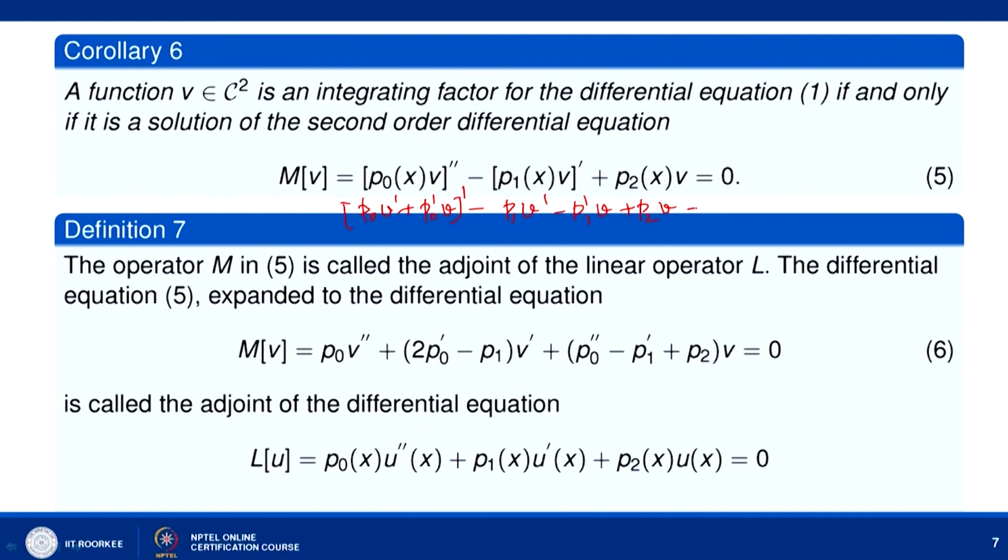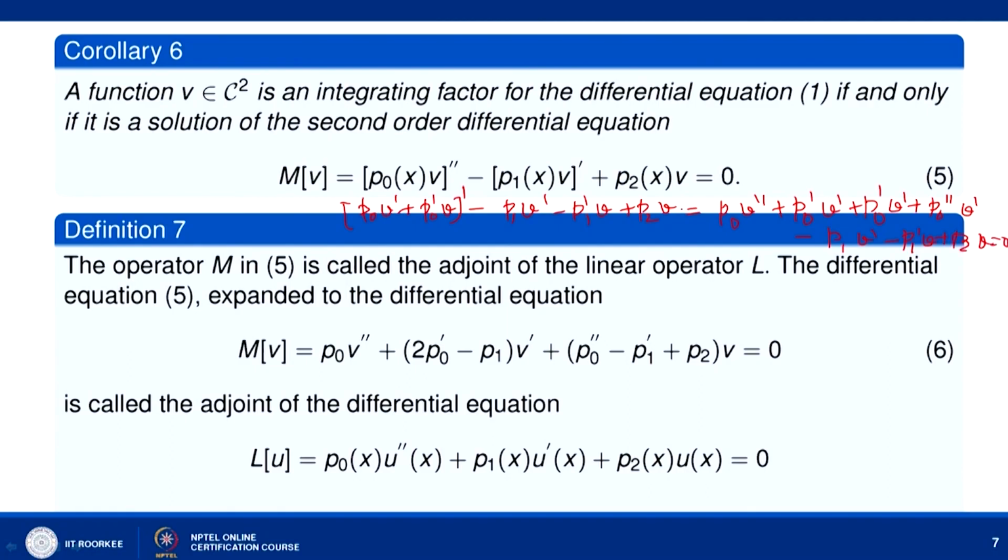Now further simplifying, we have p0 v double dash plus p0 dash v dash plus p0 dash v dash plus p0 double dash v dash minus p1 v dash minus p1 dash v plus p2 v equal to 0.